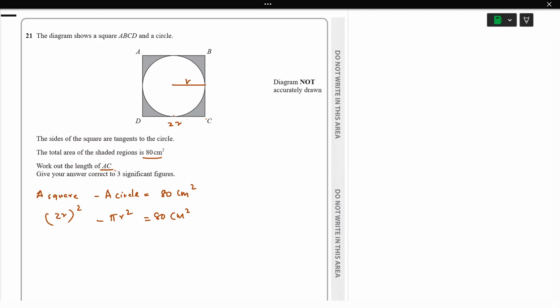Here I'll expand: 4r square minus pi r square equal to 80. I'll bring r square out: r square times 4 minus pi equal to 80. So r square equal to 80 by 4 minus pi.